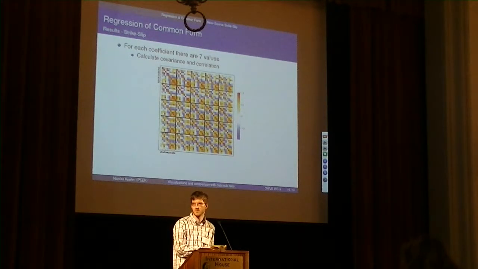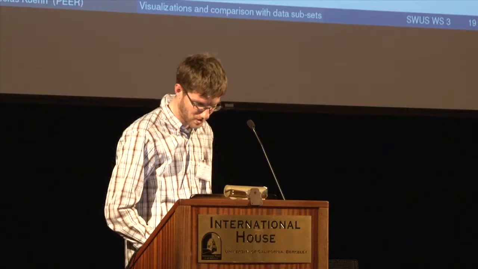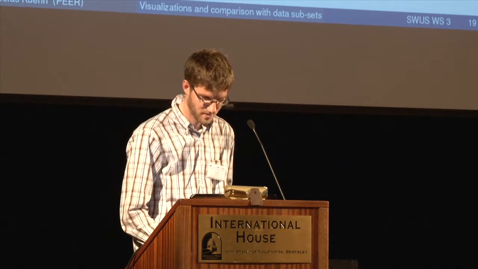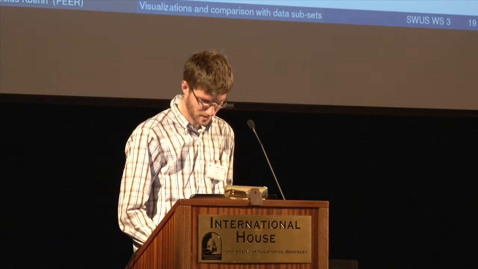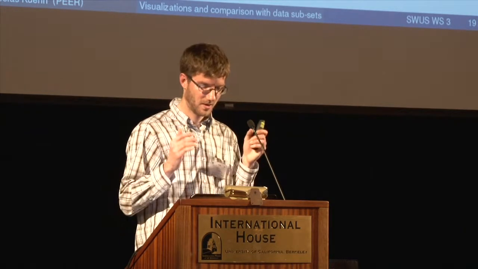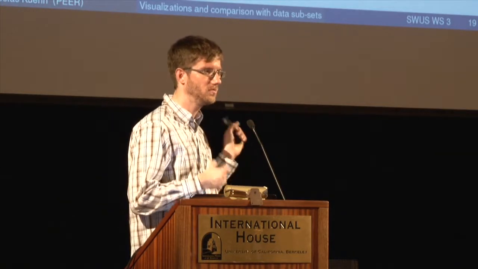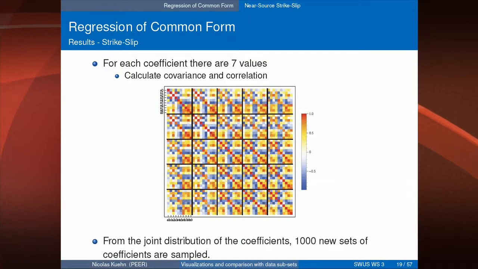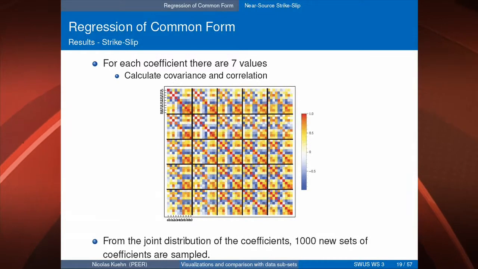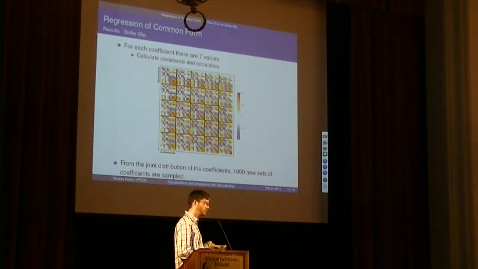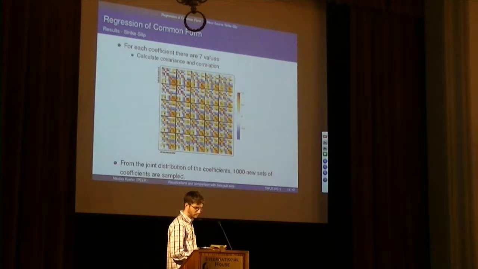So here we have again the correlation between coefficient A0 and A1, both at PGA. And here we would have the correlation between A0 at PGA and A0 at 0.2 seconds. So that's what you're talking about, right, Ralph? Does that make sense?